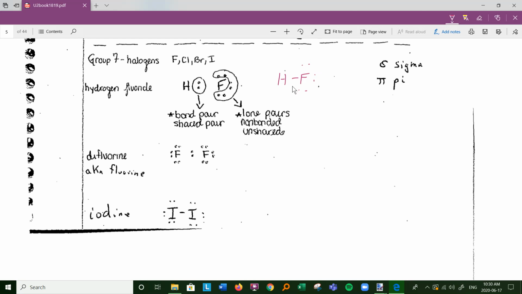You count the valence electrons and then you distribute them to satisfy the octet rule, or in hydrogen's case, the duet rule. And the 2 dots or a dash is called a bond pair, or a bonded pair, or a shared pair. Most people call it bond pair. That's the quickest, shortest way to write it. So there's 1 bond pair between the hydrogen and the fluorine. Then the fluorine has 6 electrons that aren't involved in the bonding, 3 pairs, and they're called lone pairs.